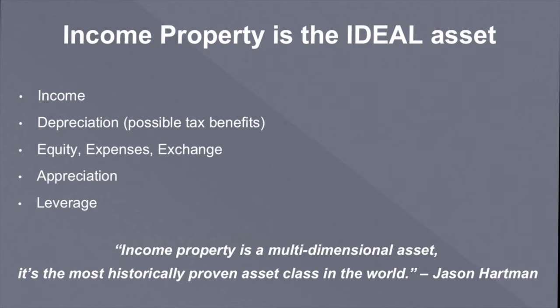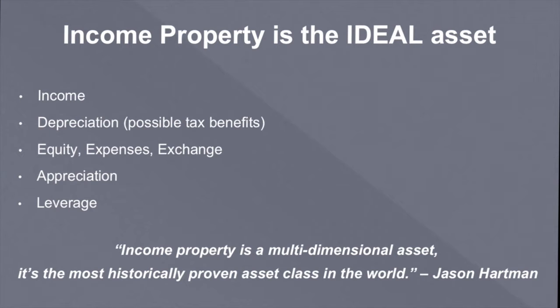So a 1031 exchange is a fantastic opportunity. You cannot do that with a business. You cannot do it with stocks. Only certain asset classes like income property offer that opportunity. And of course, property appreciates. So real estate appreciates over time, and that is another fantastic benefit, another thing that makes it ideal.